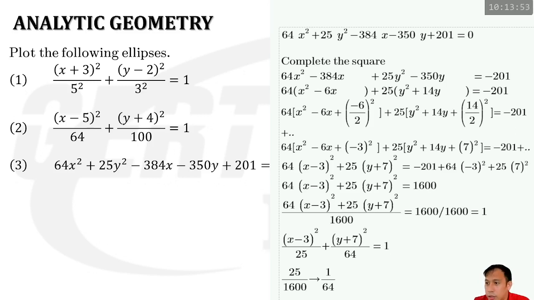Ayos ba? Okay. Negative 14y daw dapat. Wait ha. Negative pala ito. Sorry. Again. Sama na si Sir. Negative.